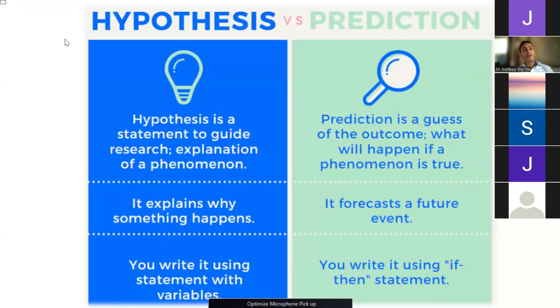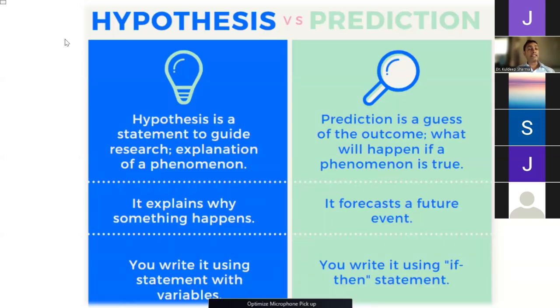Now, when I have used the word assumption, that is something very close to prediction. So what is the difference between hypothesis and prediction? I can say I have made a hypothesis that this time this particular government will not win the general election, or they will not form a government.